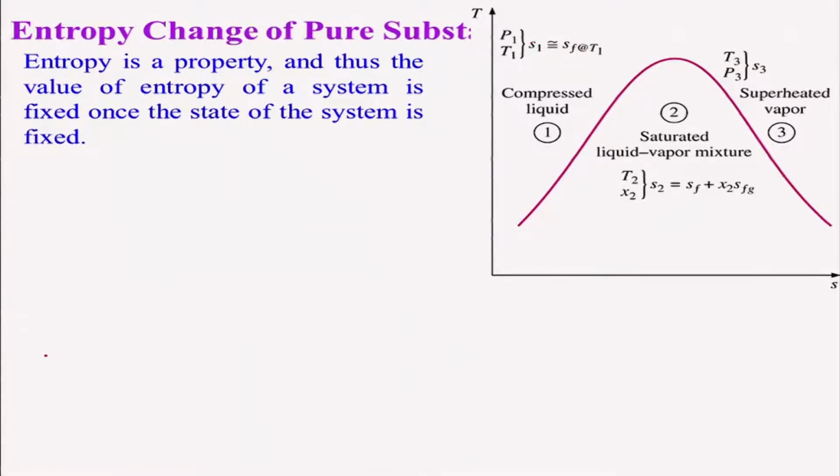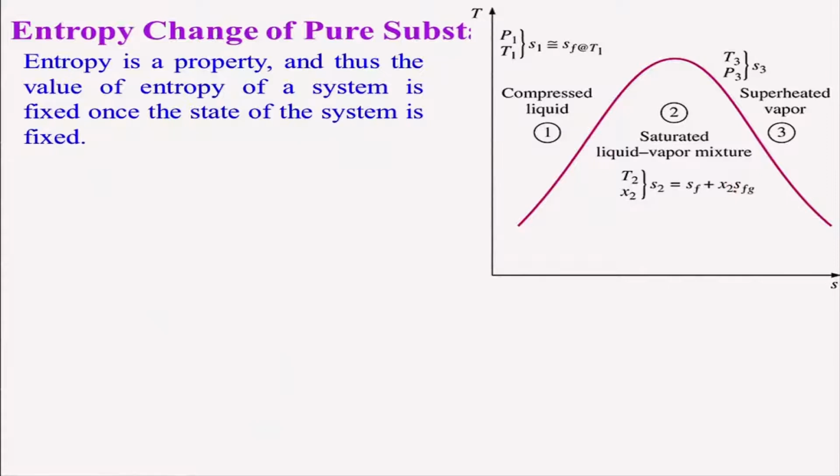Similarly for the superheated steam or superheated vapor, it can be steam, it can be refrigerant also, at a particular pressure, let us say P3 and T3, you can evaluate S3 from the superheated steam table or the refrigerant table. But if the mixture is in between, it will have some quality.